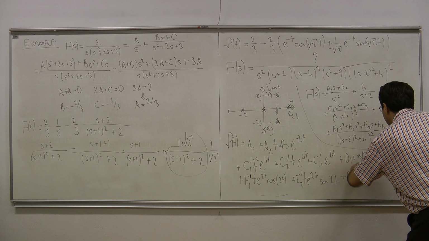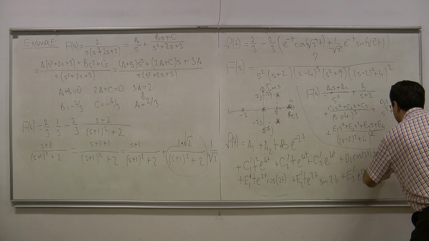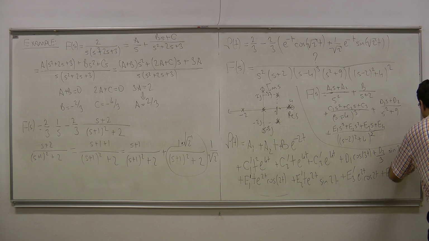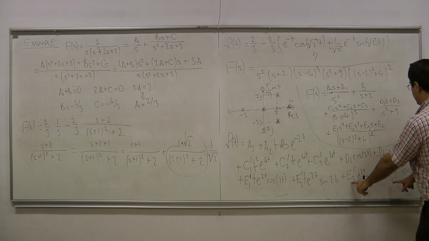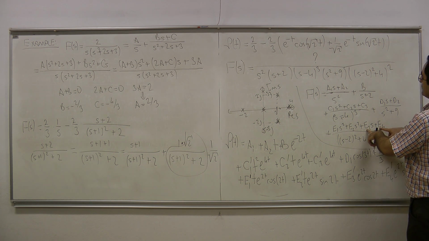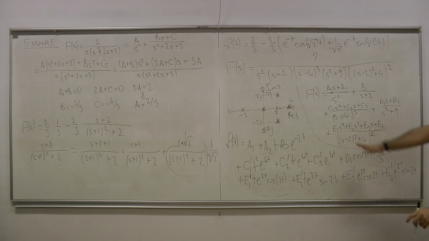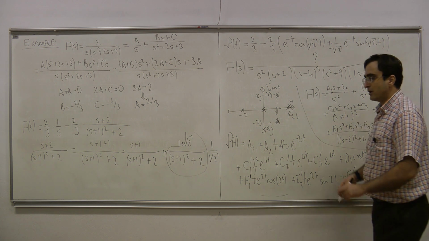E3 prime e to the 2t cosine 2t plus E4 prime e to the 2t sine 2t. And these E3 prime and E4 prime in general do not have to be equal to this E3 and E4. So these are the terms that I can have in the inverse function. Of course, trying to take such an inverse would be really terrible by hand, but this is the general case that you can have in the inverse time function.